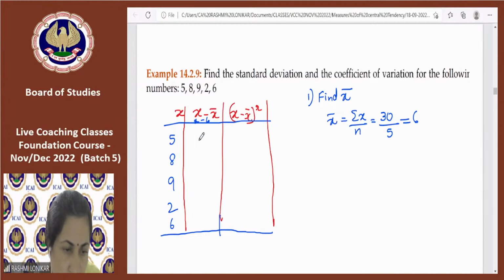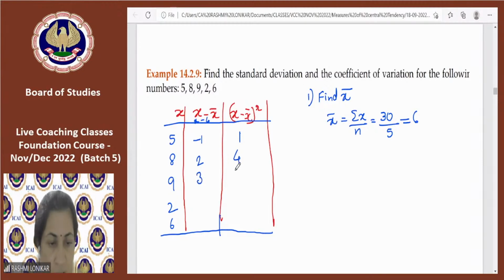So 5 minus 6 is minus 1. Minus 1 square will be plus 1. 8 minus 6 will be 2. 2 square 4. 9 minus 6 is 3. 3 square 9. 2 minus 6 is minus 4. Minus 4 square is plus 16. 6 minus 6 is 0. 0 square 0.